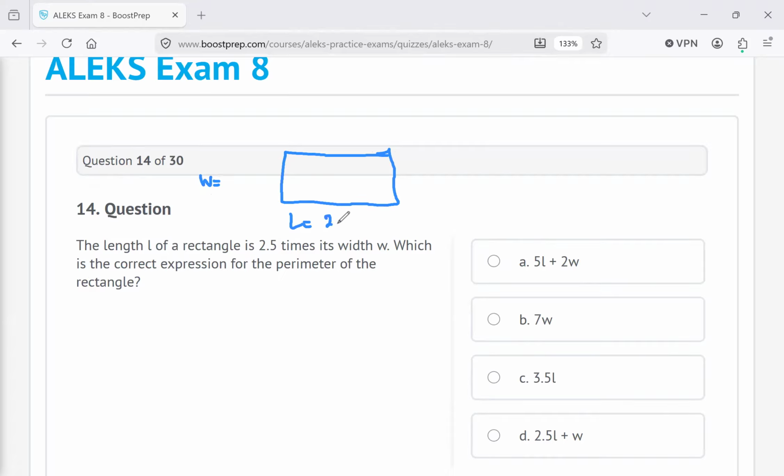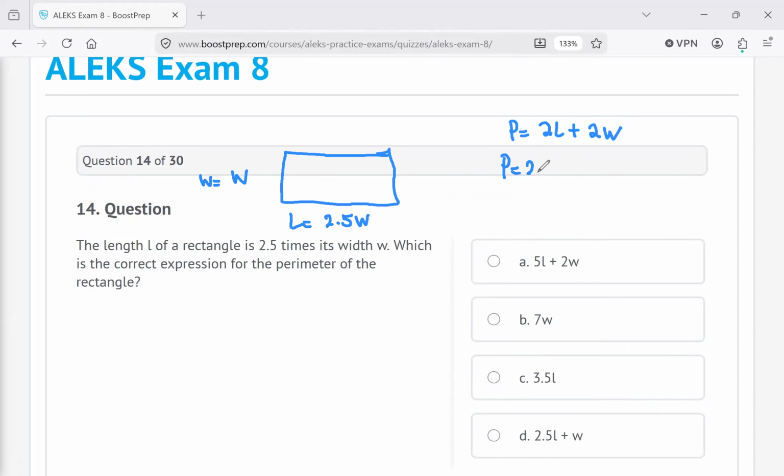So it's 2.5W. And then do we know the width? Not yet. It's just W, right? Which is the correct expression of the perimeter? What do we know about the perimeter of a rectangle? It's 2L plus 2W, right?